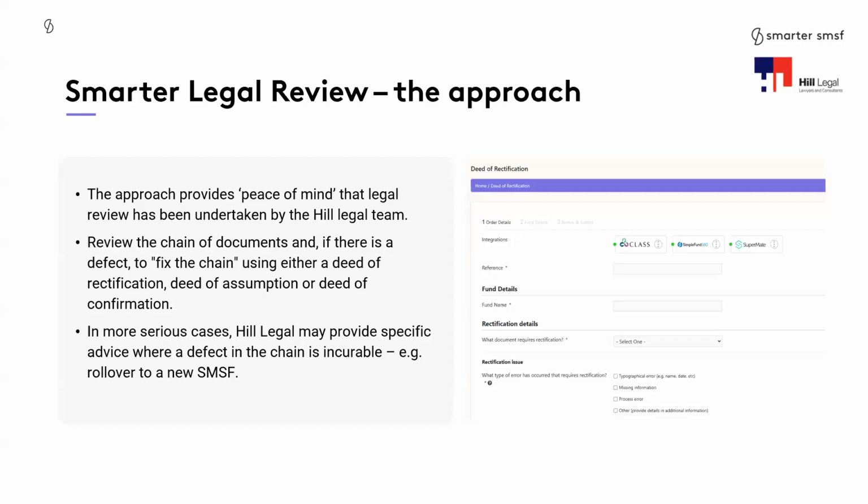It could be a deed of rectification, deed of confirmation, deed of assumption, or some other element. In a lot of instances, if you are not sure, you can submit the information to us, and Hill Legal will be conducting their own review of the rectification that needs to occur as part of the scoping of the work that needs to be done in any event.